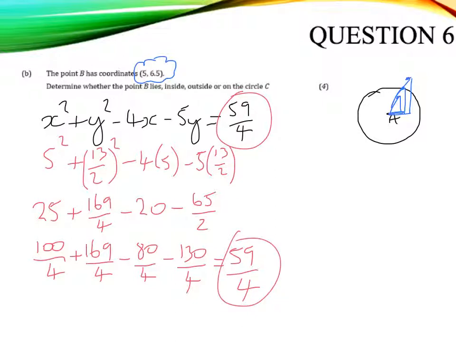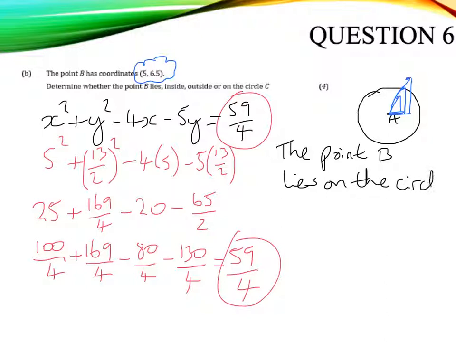So we've determined, and we can just write a quick sentence, the point B lies on the circle as, how can we phrase it?